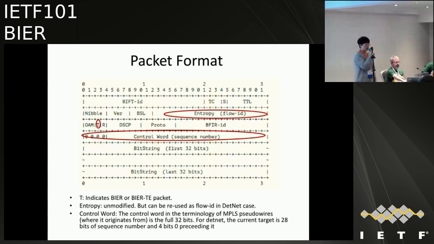Yes, please. So basically this is what the packet format looks like. There are three changes, extensions. The T field indicates BIER or BIER-TE. When the T field is set to BIER-TE, entropy is unmodified, but can be reused. For the control word, I explained in the previous slide.